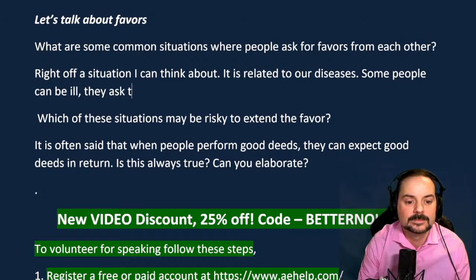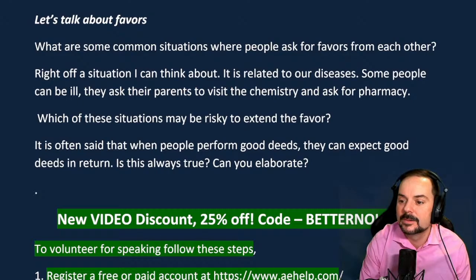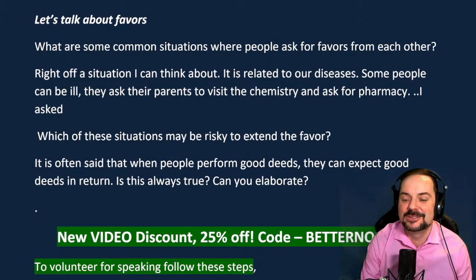As an illustration, I can mention myself, and it happened 1 month ago. So I got ill, and I asked my mother to purchase all the necessary medicine. So I was so happy, and I was so glad. Which of these situations may be risky to extend the favor?